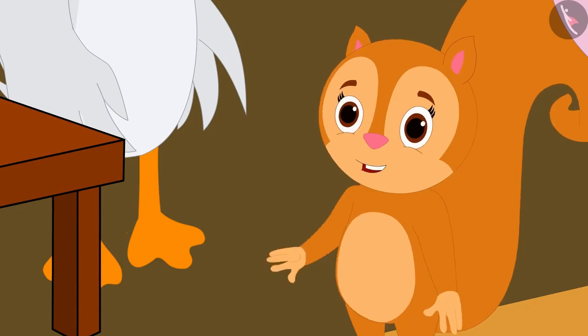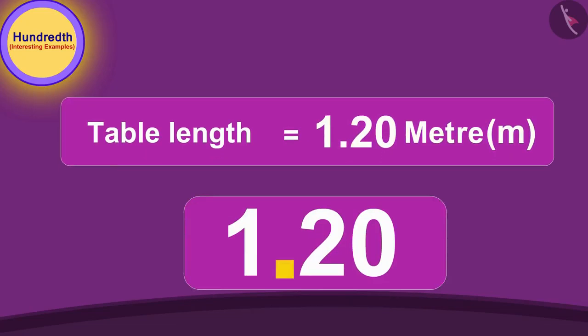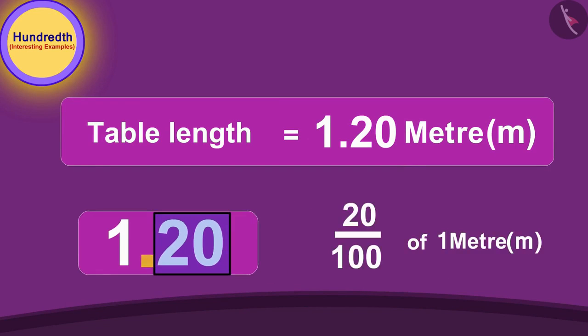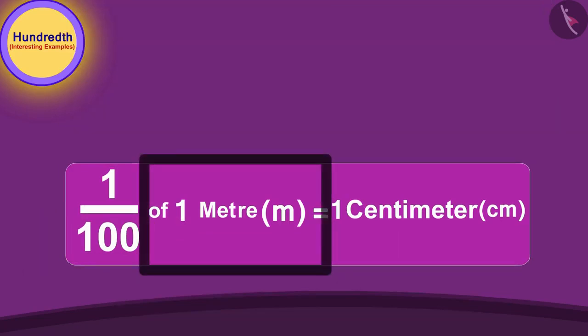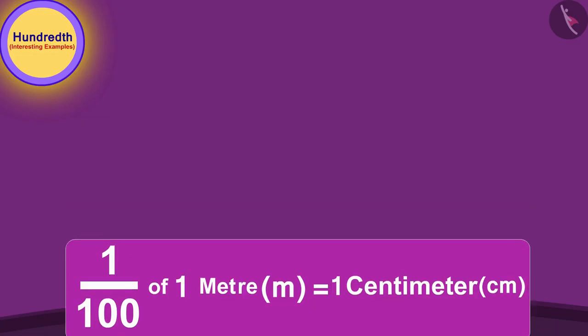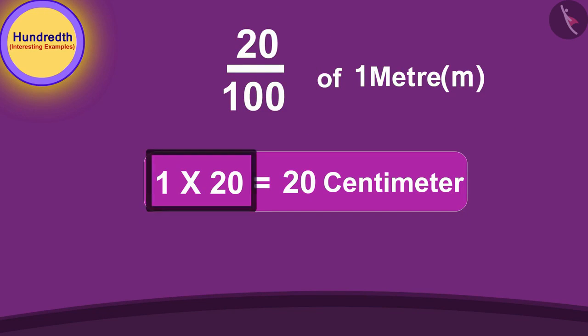Okay. Now I understood, Uncle. The length of this table is 1.20 meters. 20 or 20/100th of a meter is written after the decimal, because 1/100th part of a meter is equal to 1 centimeter. 20/100th part of a meter will be equal to 1 into 20 or 20 centimeters.